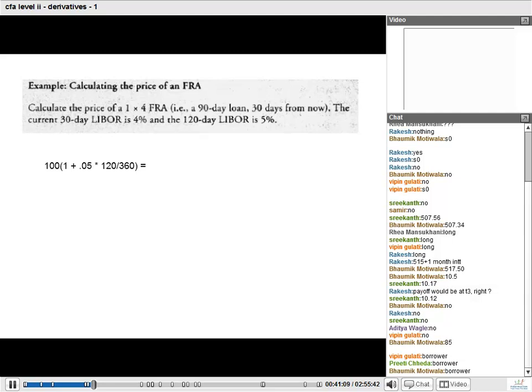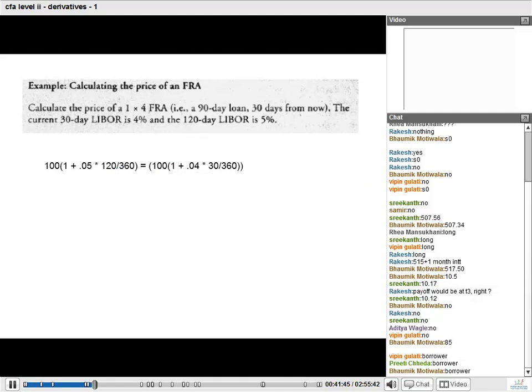Instead of borrowing for 120 days directly, can I choose to borrow for 30 days? So I know I need a loan for 120 days, but let's just borrow for 30 days to begin with. We'll see what to do after 30 days. So what is the rate that I will receive for a 30-day borrowing? It will be 4%. So this is the amount that I'll have to repay after 30 days. But do I have the money to repay after 30 days? No, because I need it for 120 days.